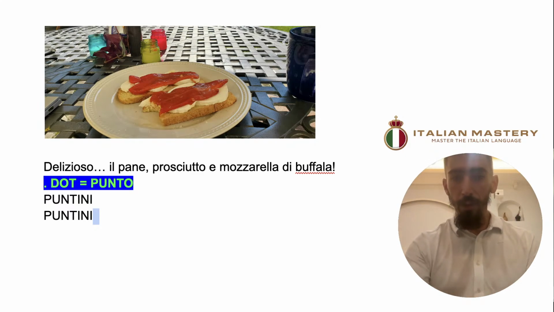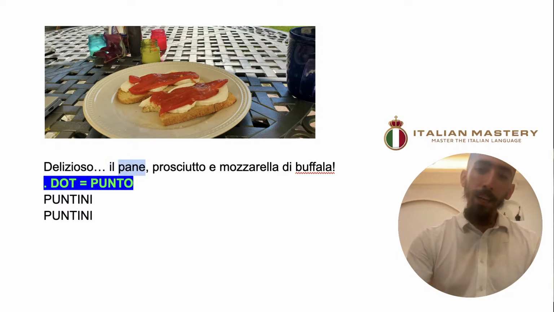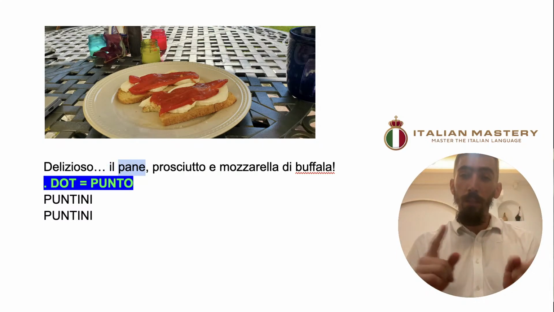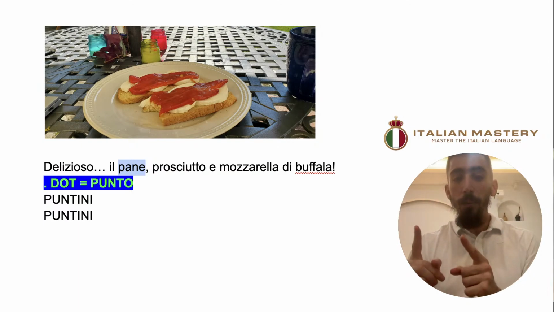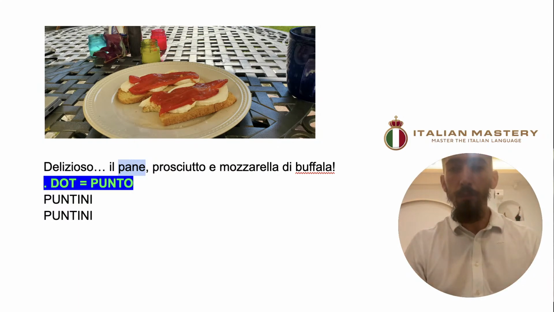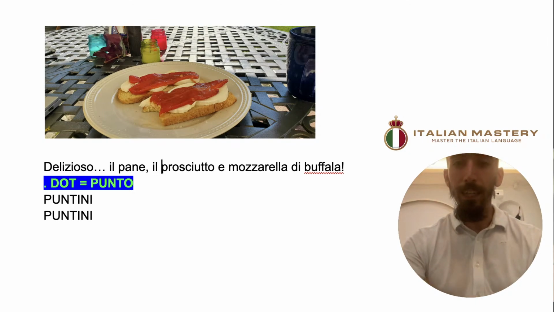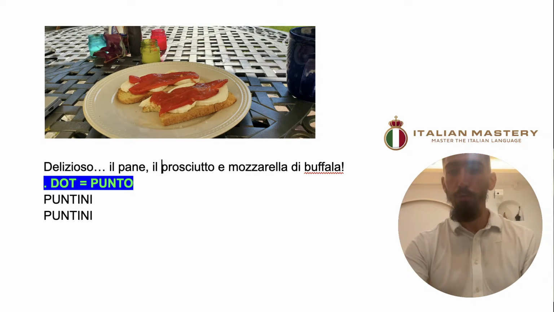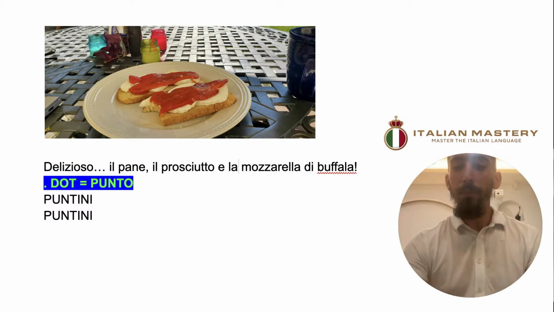It just flows and it makes sense. Il pane. Pane is bread. It ends in E, but it's a masculine word. So il is the right article for it. Il pane. Prosciutto. We could even add il prosciutto, il pane, il prosciutto e la mozzarella di bufala.